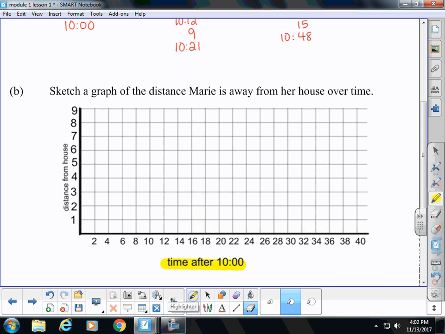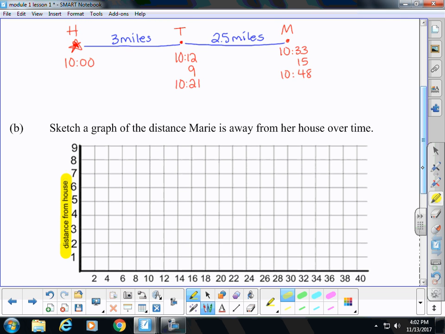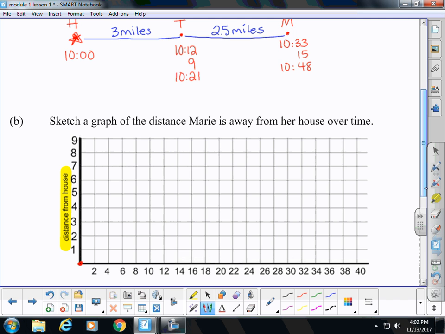And on the y-axis, this is the distance that she is away from her house. Everything's about how far away from her house she is and what time it is. So she starts at her house. That's our first point, at her house, at 10 o'clock. I want you to make sure you label every point.